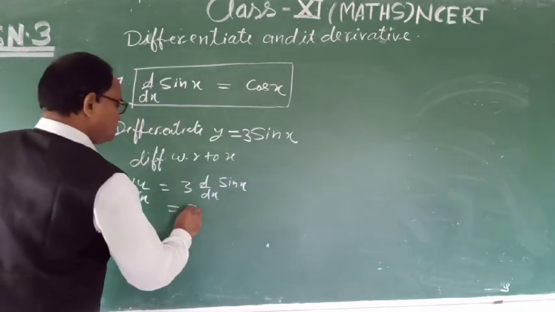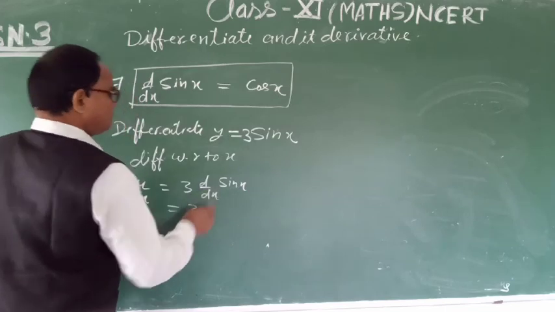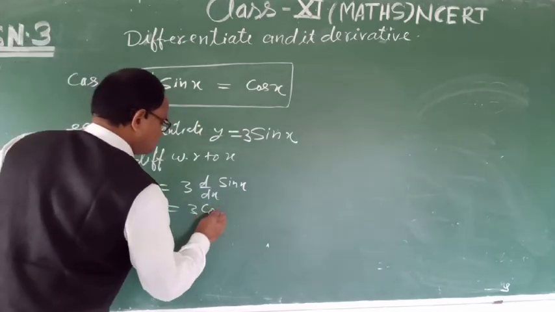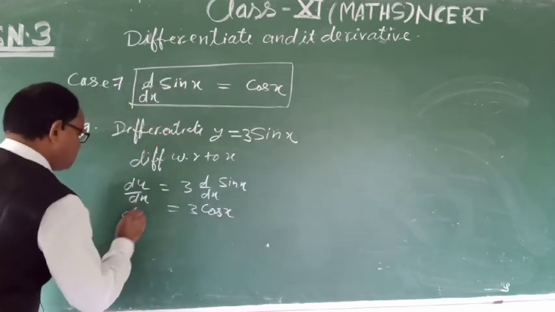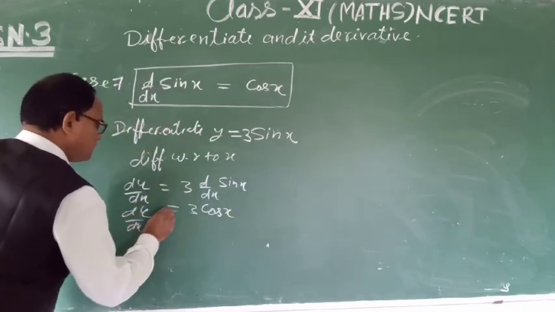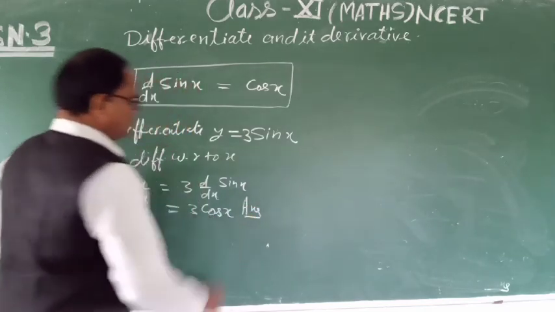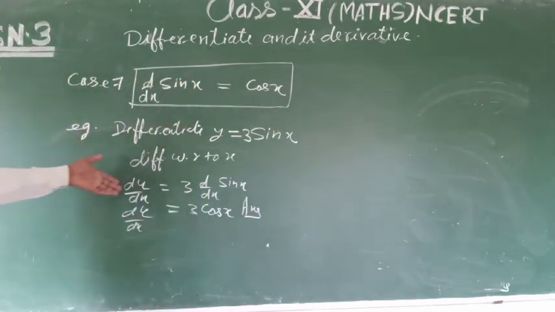We get here 3 times d upon dx sin x, which is cos x. Therefore, dy by dx is equal to 3 cos x, which is the answer. Okay, student, these types of questions you can solve by this method.